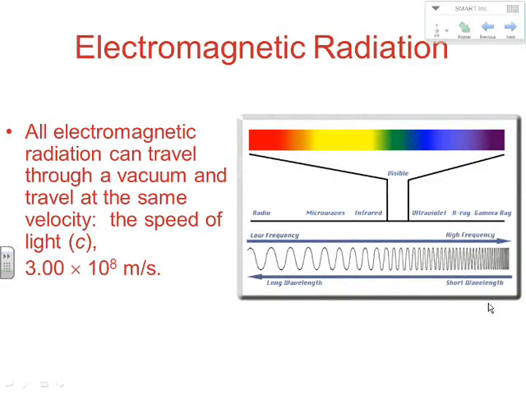Now remember, visible light is only one type of electromagnetic radiation. You should remember this discussion from pre-AP chemistry. Radio waves, microwaves, and infrared are all lower in energy and frequency than visible light, and above visible light we have ultraviolet, X-ray, and gamma ray. Those would be our higher frequency, shorter wavelength types of electromagnetic radiation. Electromagnetic radiation follows this full spectrum of different types.